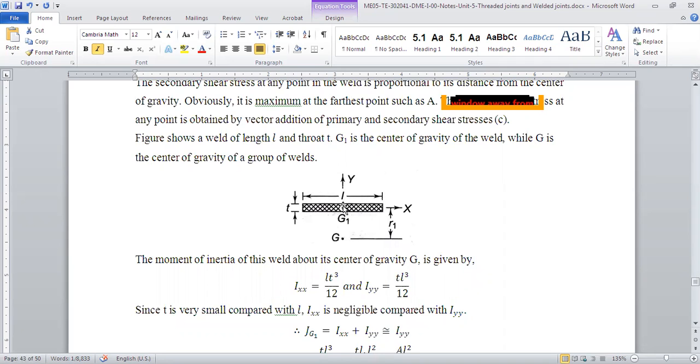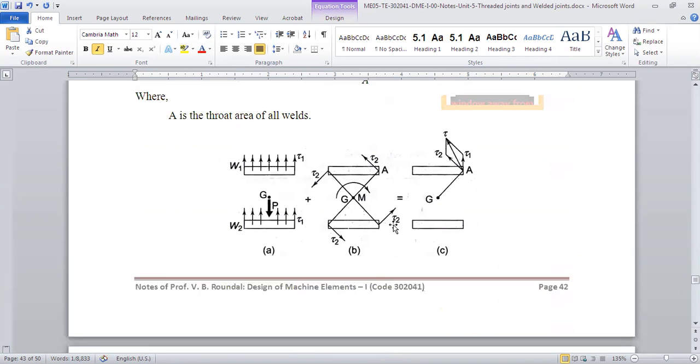B means this dimension. If this is the axis, B D cube, so L into T cube by 12. Got it? So Ixx of this plate will be L into T cube by 12, where L is the length and T is the thickness. And Iyy will be T into L cube by 12. Got it?